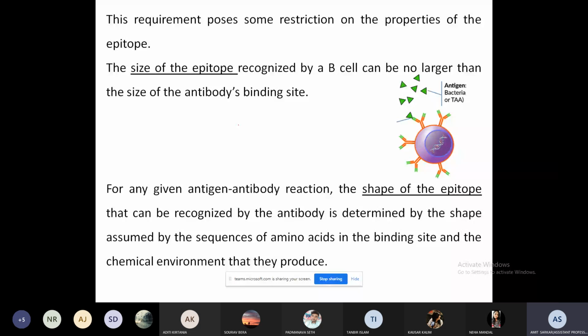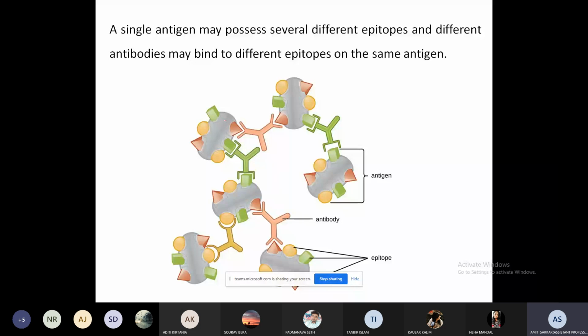If we take this example once again, this is our antigen, a bacteria maybe. We have three different epitopes, each of which will bind to its corresponding antibody with a complementary shape. Say this particular epitope is supposed to bind to an antibody which is complementary, round, of this type of shape.